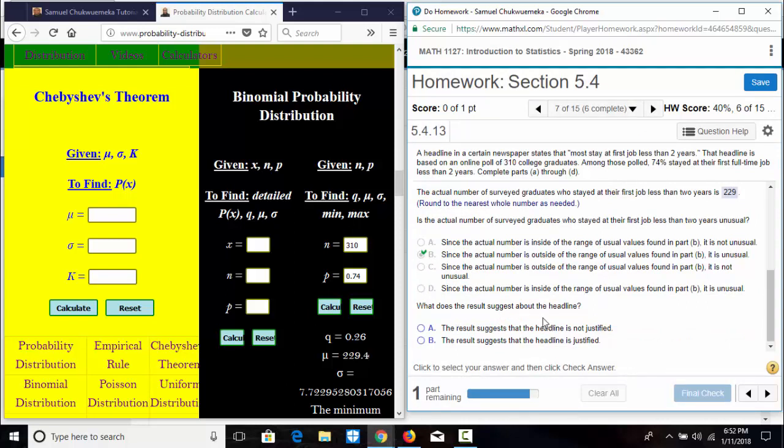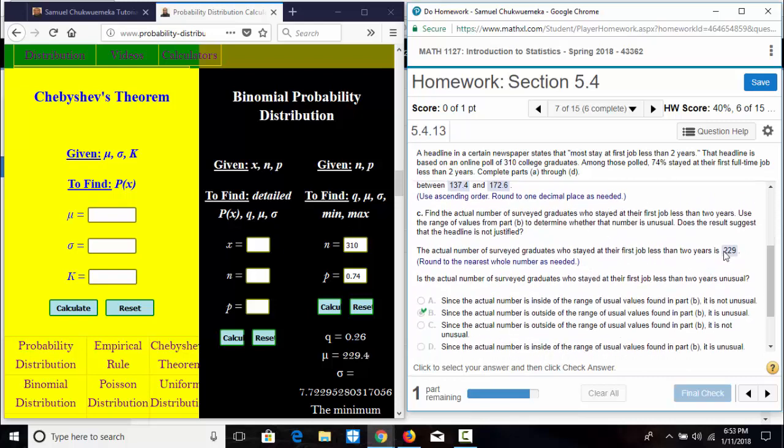What does the result suggest about the headline? If you look at the headline in the newspaper, it states that most stay at first job less than 2 years.